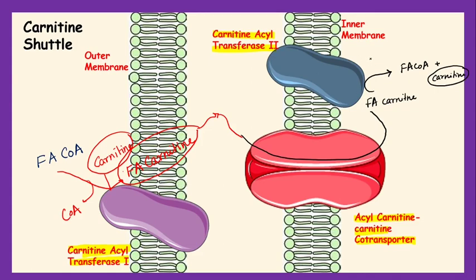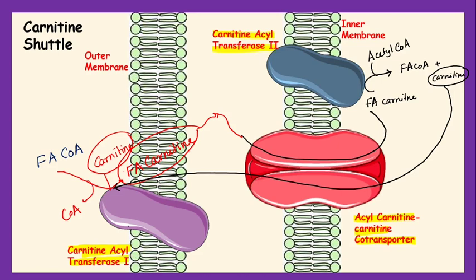In the presence of CoA, by one enzyme known as carnitine acyl transferase. And this carnitine that was released gets again transported by the same co-transporter near the cytoplasm so that it can participate again in another round of transport.